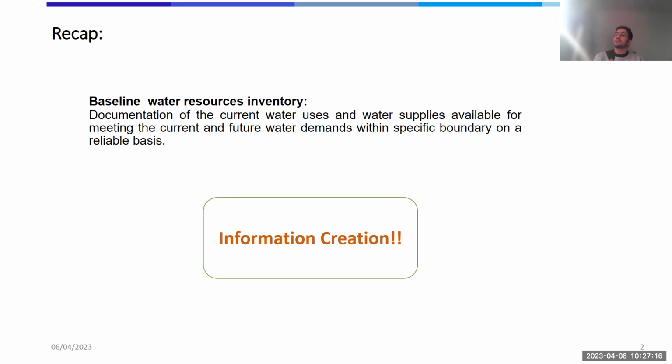Information creation involves the collection and generation of data and information on water resources, and this information is then monitored to identify changes in water availability and quality over time, and also to detect emerging issues or risks that may require action.